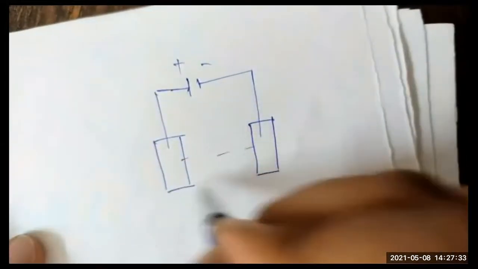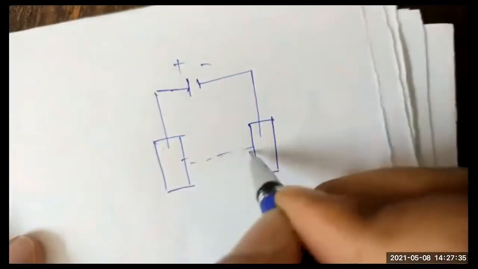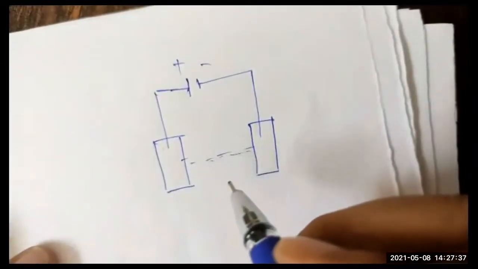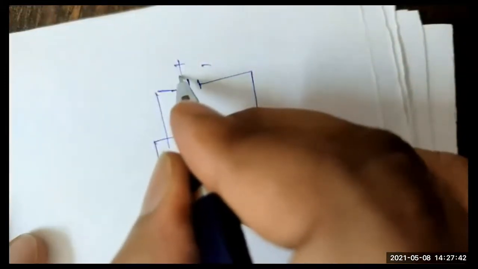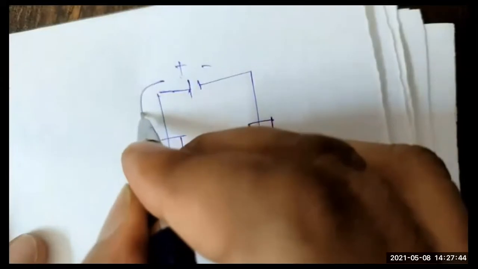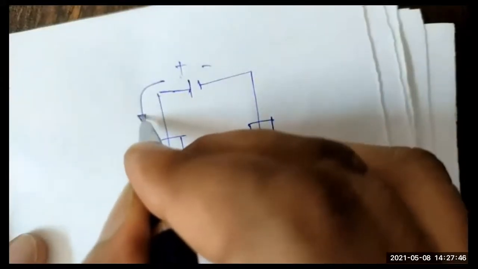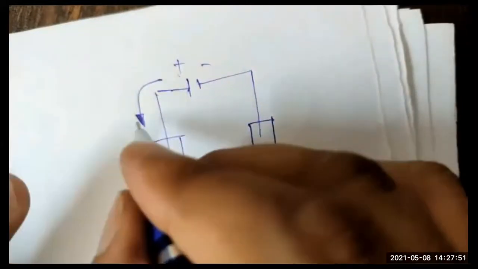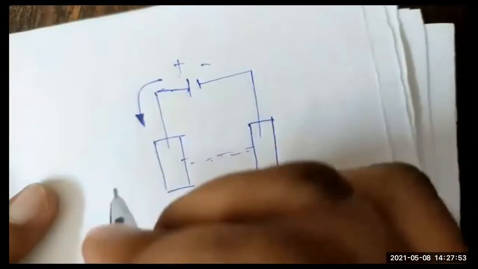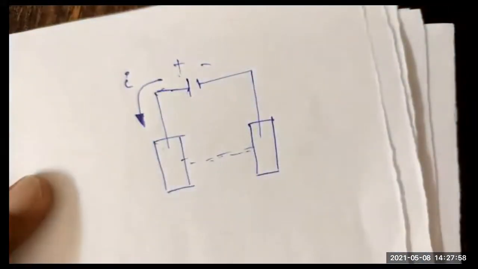Already we have seen that. This is completed in the circuit through the presence of electrolytes. Now, what will happen? As this is connected with the positive terminal, some current will start passing through in this direction, and we can measure how much current is passing through this. Say this is I, the amount of current we are passing.